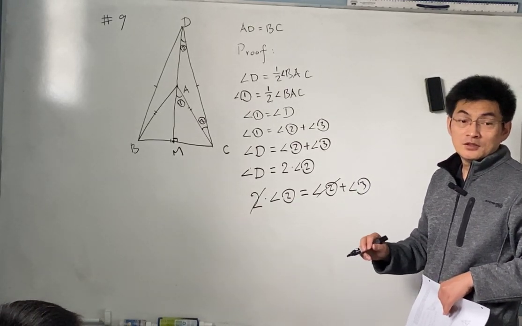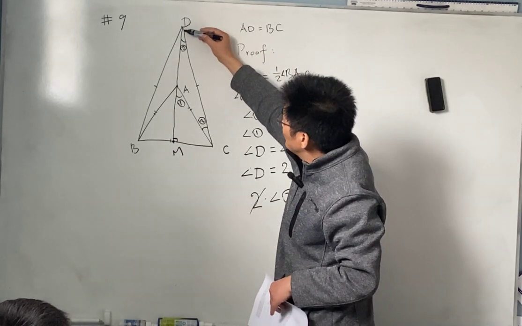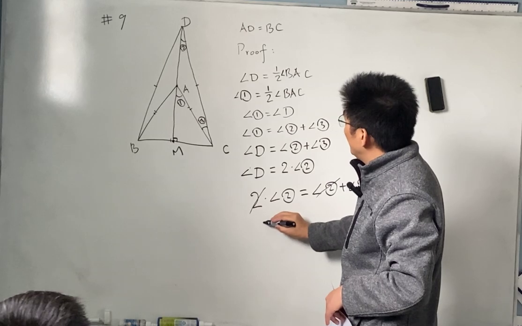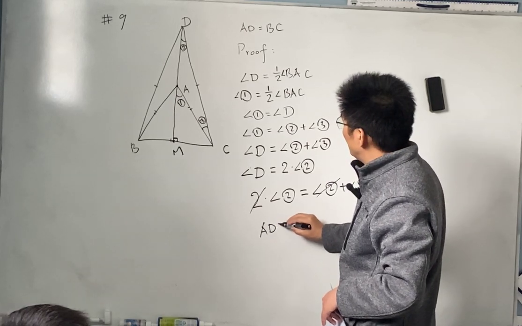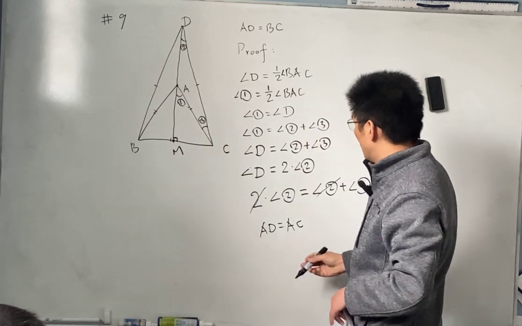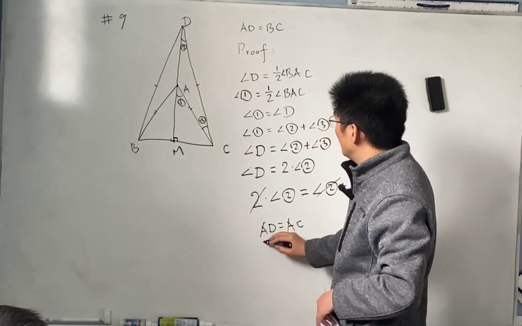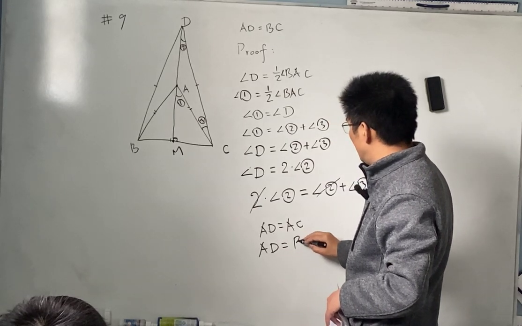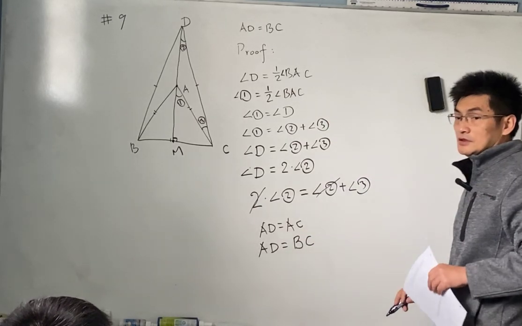So that way this is an isosceles triangle, so from here we get AD equals AC, and this is the equilateral, so AD is also equal to BC. Right, that's the proof.